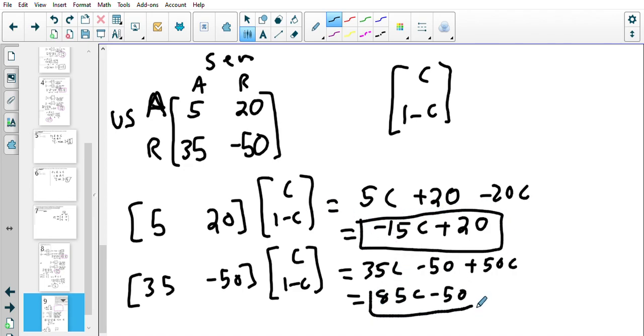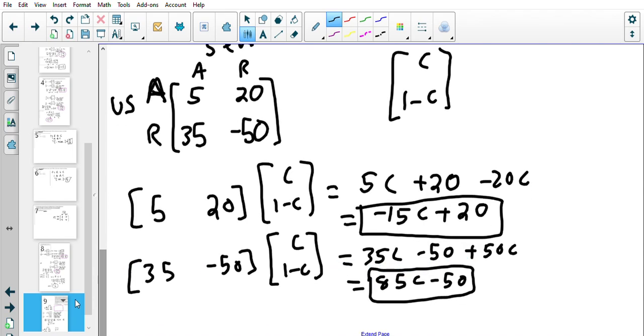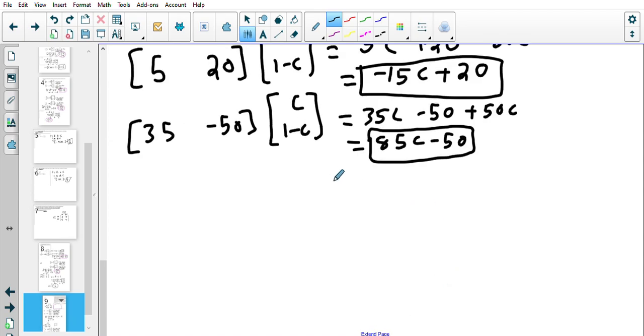Okay, so we'll set those equal to each other to find the optimal value for C, the column player, representing Serbia. So negative 15C plus 20 equals 85C minus 50.